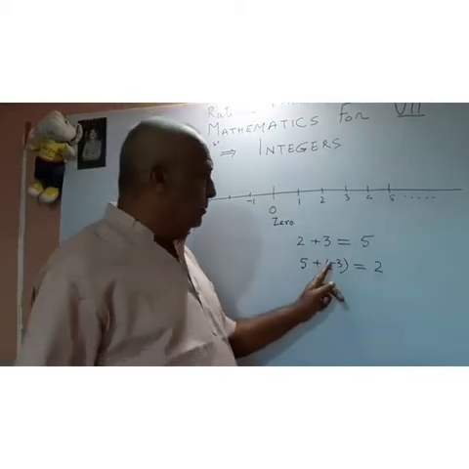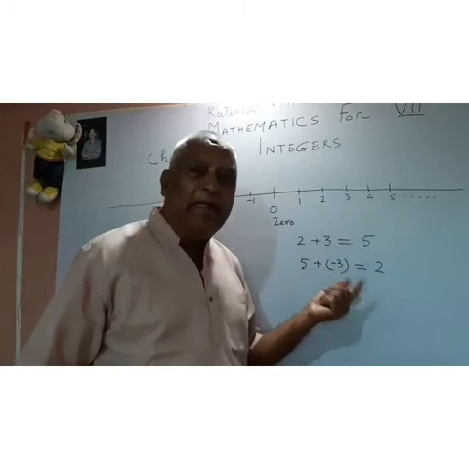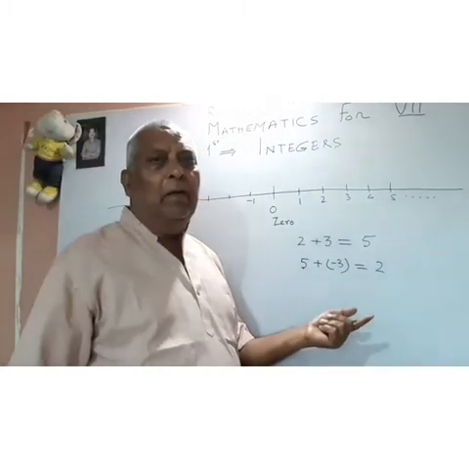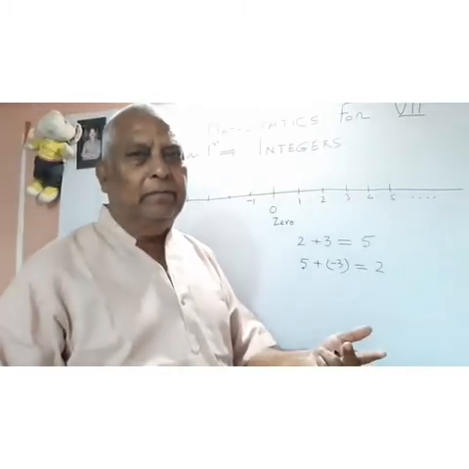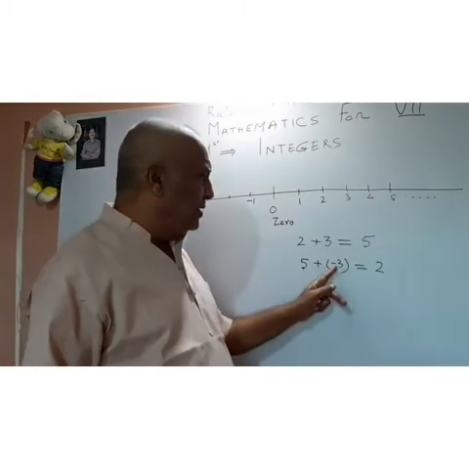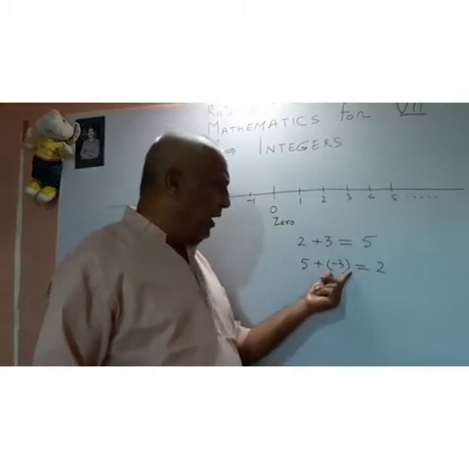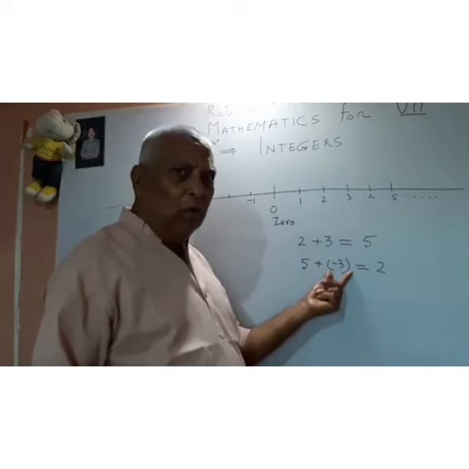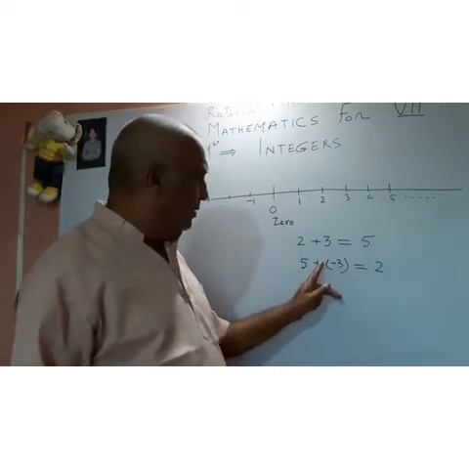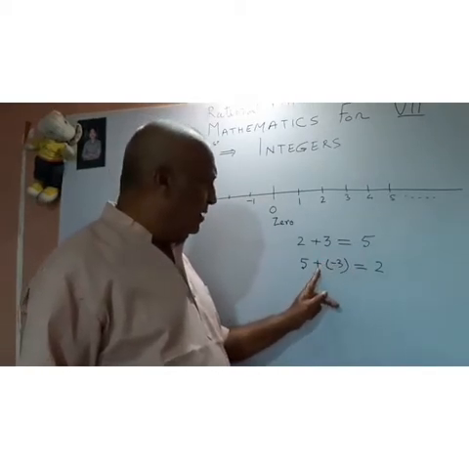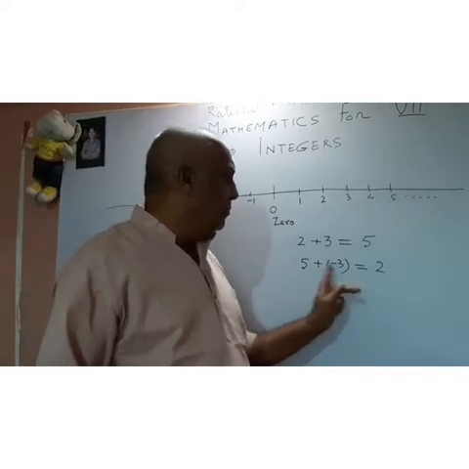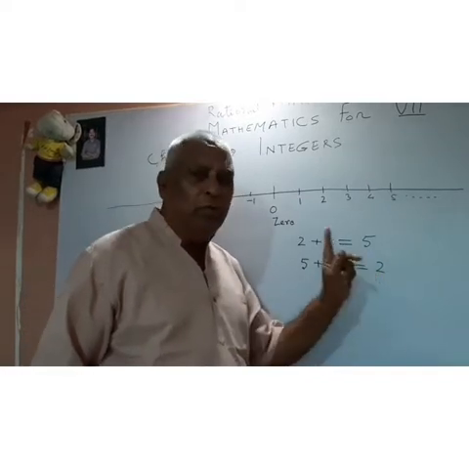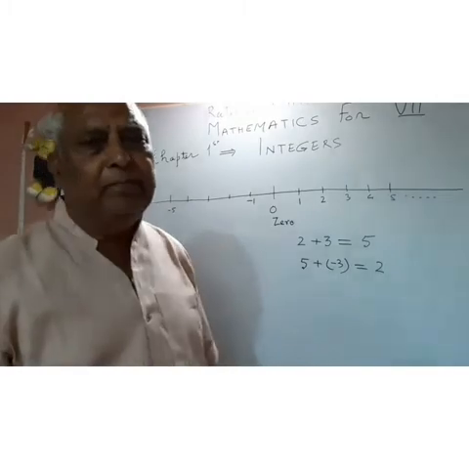The addition of negative numbers is being subtracted. 5 plus -3, as you soon add, this bracket opens, this plus and minus make it minus, so 5 minus 3 is equal to 2. This is also an integer.